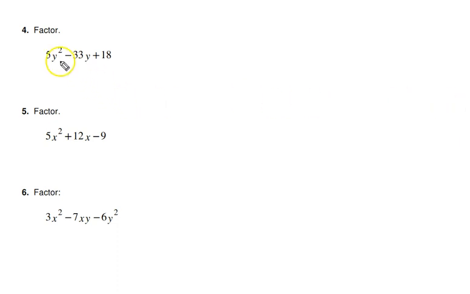Now, for factoring a trinomial, and notice here our A term, standard form, by the way, is ax squared plus bx plus c. So we're looking at our A term here, and there are no common factors.